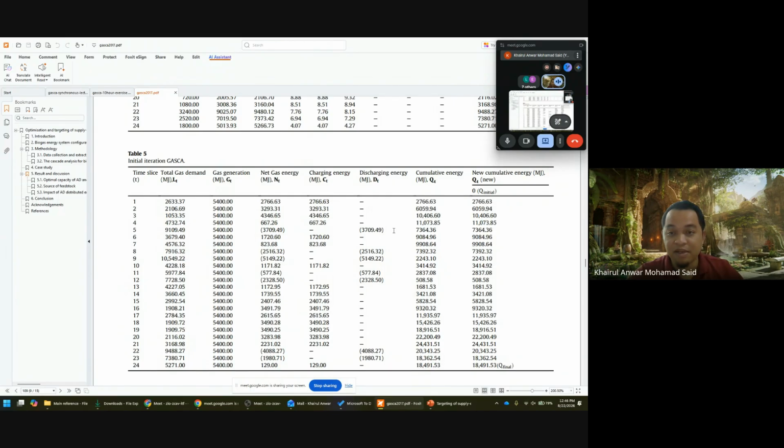It will subtract the value from 11,000, 11 minus 2709. So it becomes 7364 and so on till the end, until time slice 24. Oh, sorry. Until here.